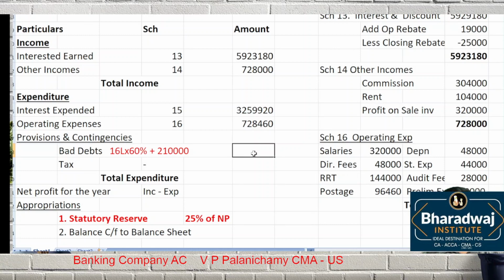I hope we are given provision for tax separately as an adjustment itself. We are given provision for tax to be created. Okay, 7,68,460 operating expenses. Then bad debts, what is the amount?